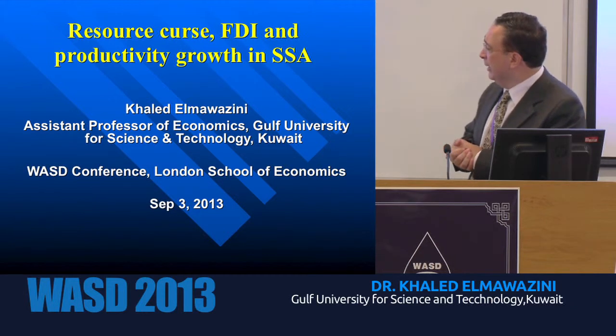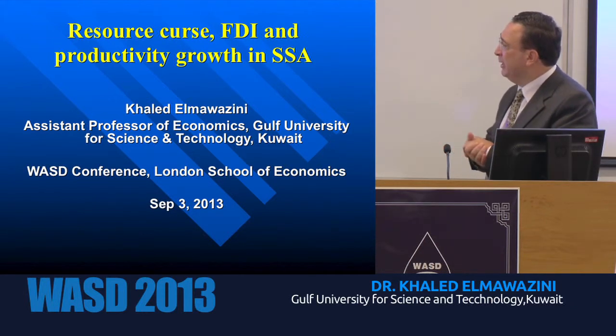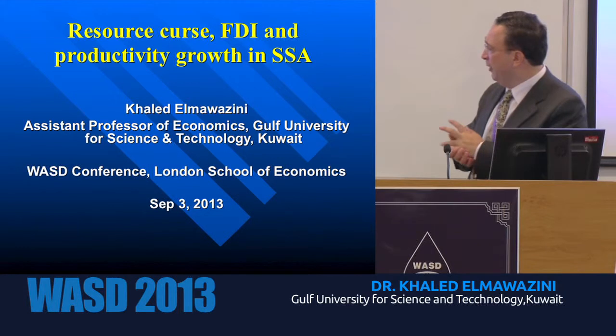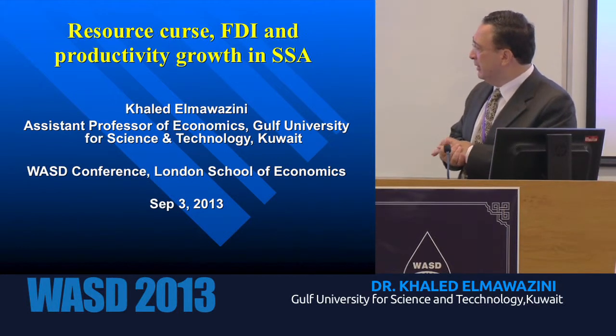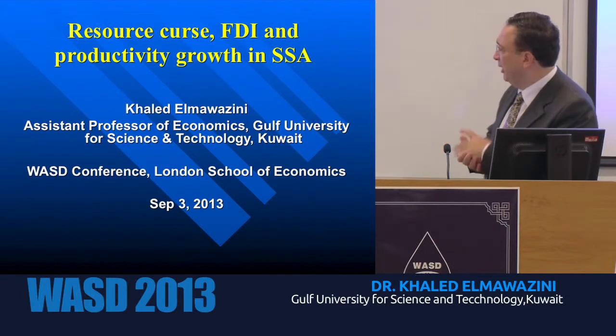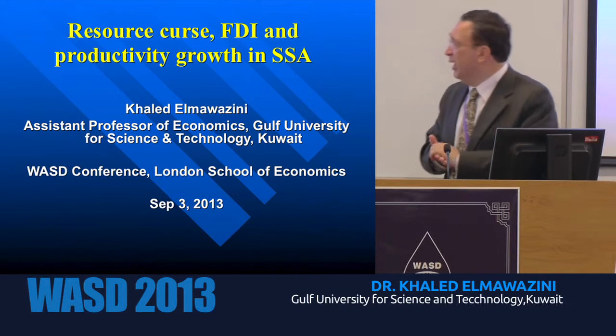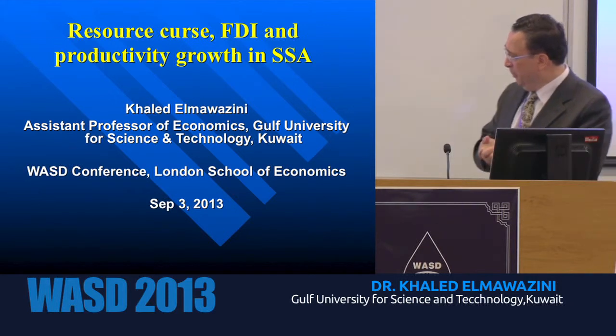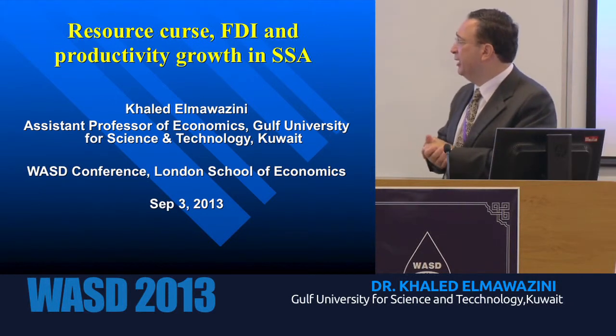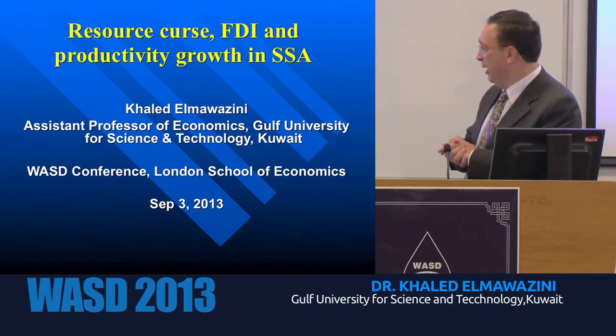The second point is that African governments must increase the absorptive capacity, or the host country absorptive capacity should be improved. The third one, which is more important, is that the institutional quality in African countries should be improved.